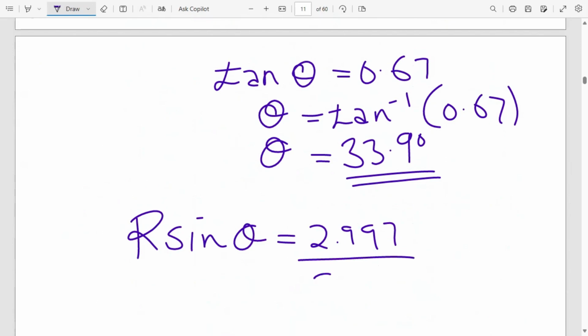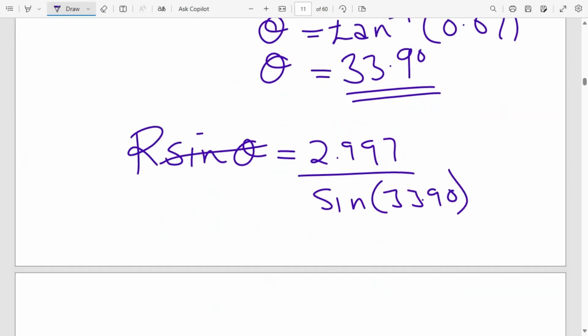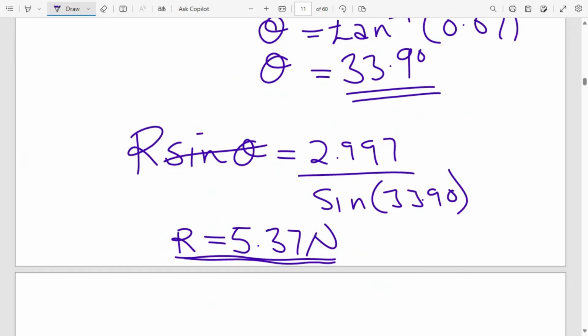So our r will be equal to 2.997 divided by sine 33.90. So that means our resultant r is equal to 5.37 newtons. And that is the end of this tutorial sheet, ladies and gentlemen.